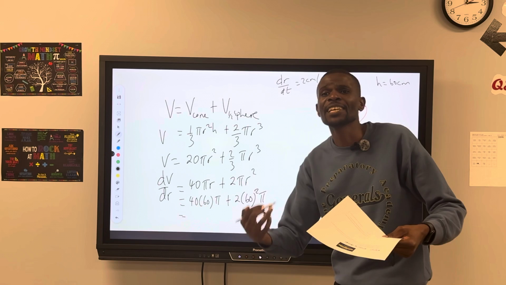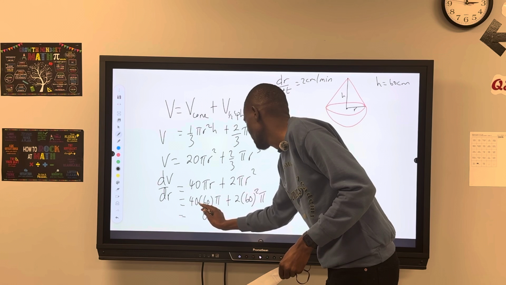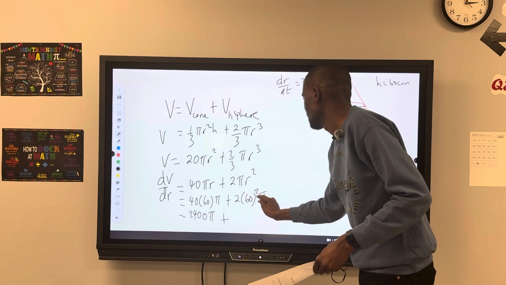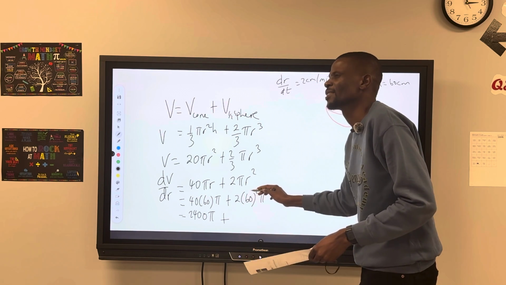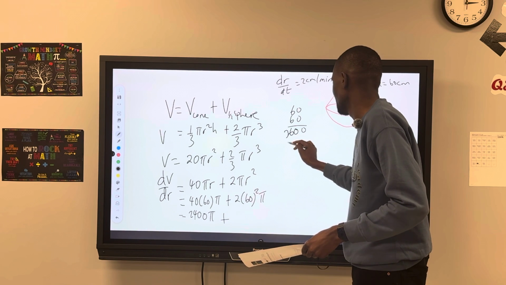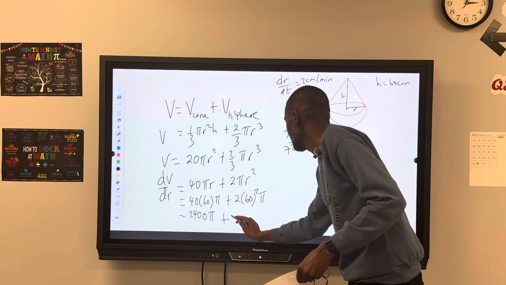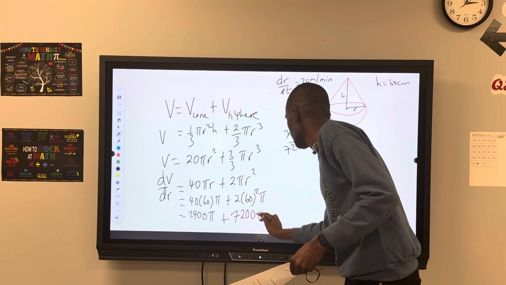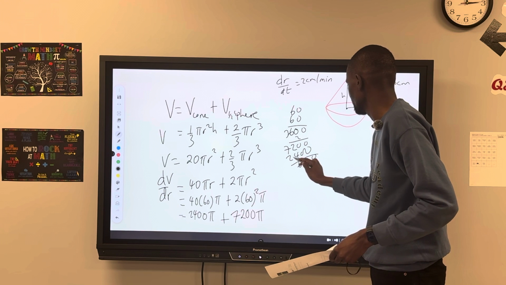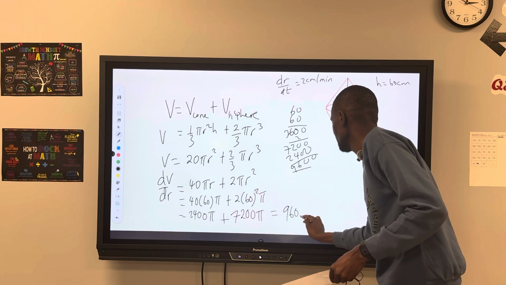That is 2,400 pi plus, 60 squared is 3,600, times 2 is 7,200, so 7,200 pi. And when I add those two together, this simplifies to 9,600 pi.